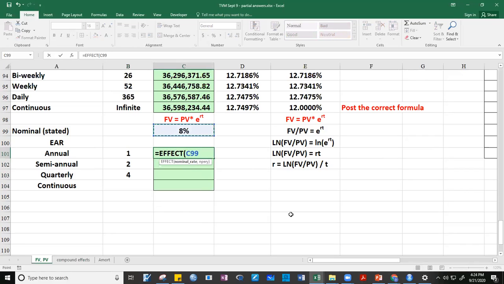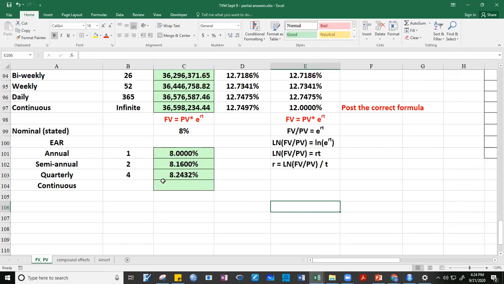Ito daw yung nominal rate, if i-fix natin, comma, number of periods per year, yan. So 8% lang din yung annual, no? And then, copy down natin to. Okay, so you notice na si quarterly, mas mataas yung effective annual rate.